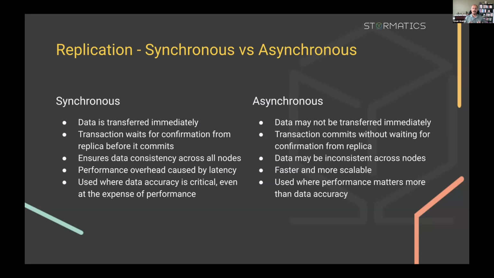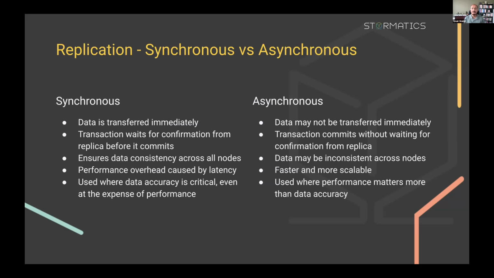So there is a chance of inconsistency across nodes for that fraction of a second or that small amount of time where there's replication lag. But overall, the cluster is much faster and it is more scalable as well. And primarily, asynchronous replication is used where performance matters more than the absolute need for data accuracy across the entire cluster.